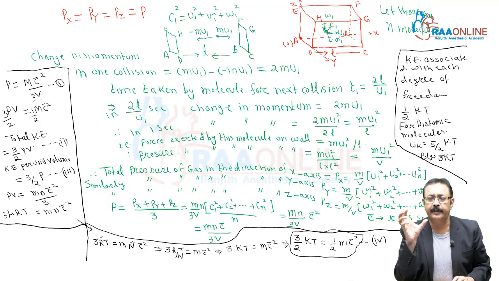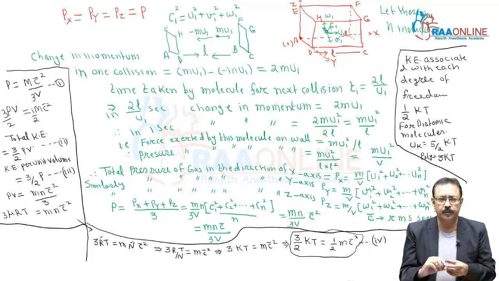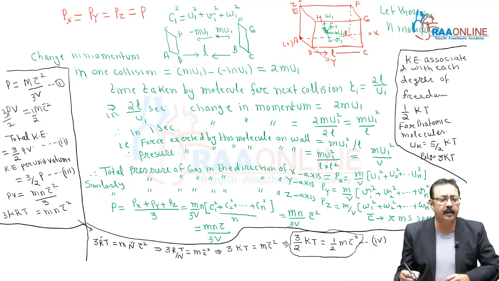So in this way we got very important results. You can also make some results for C bar. What is C bar? M into N means total mass.